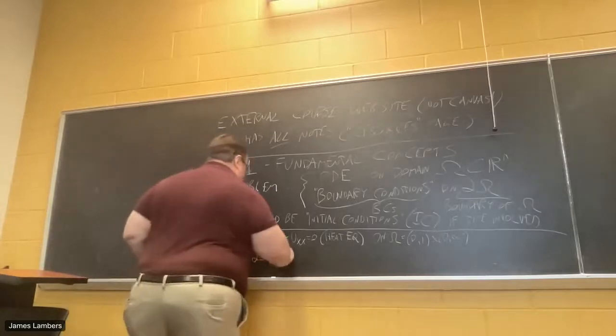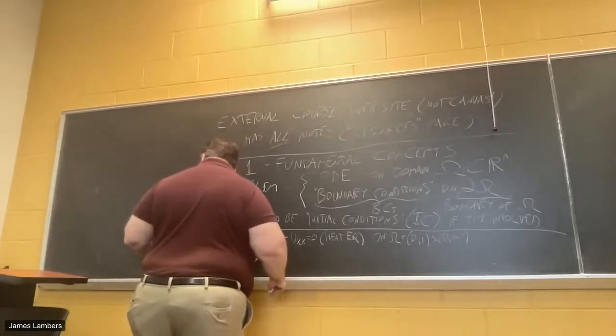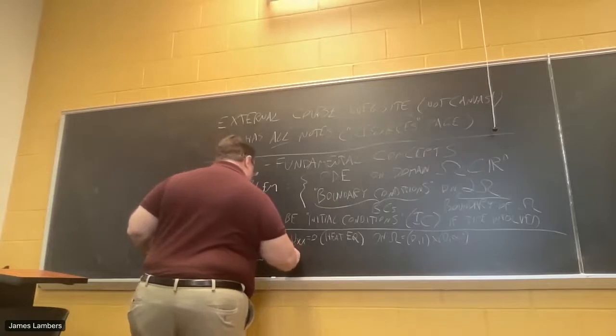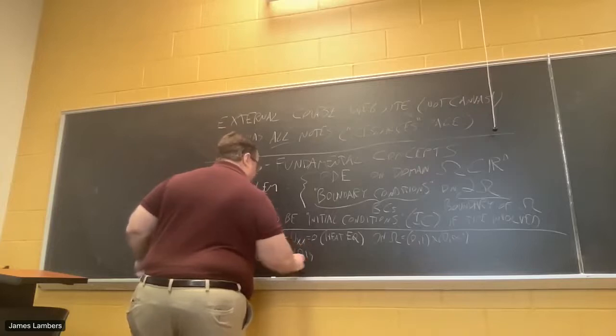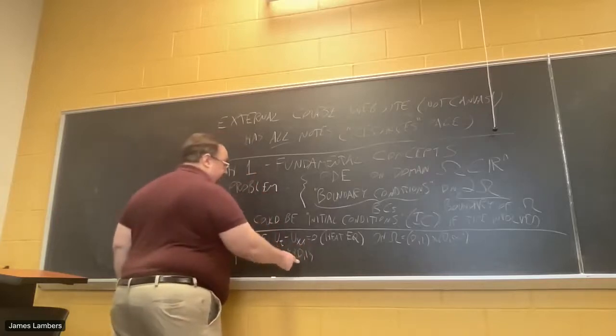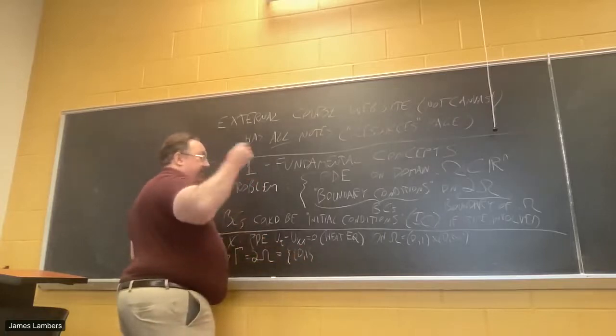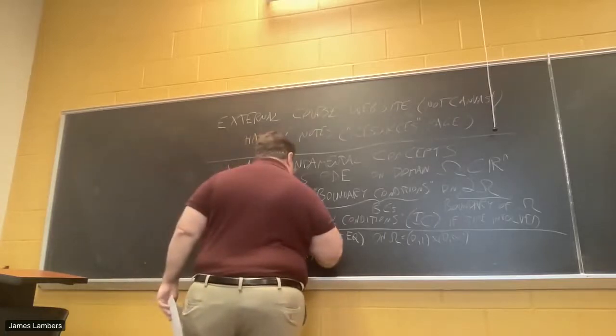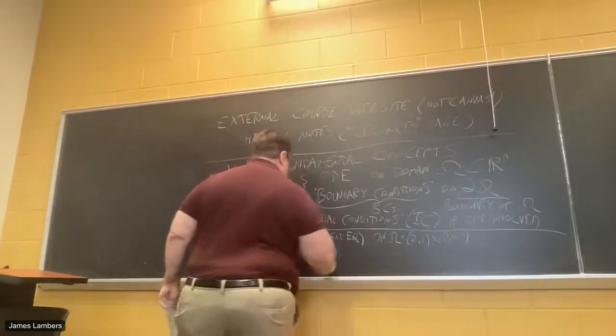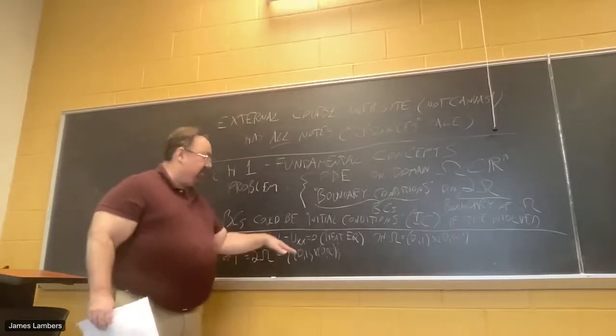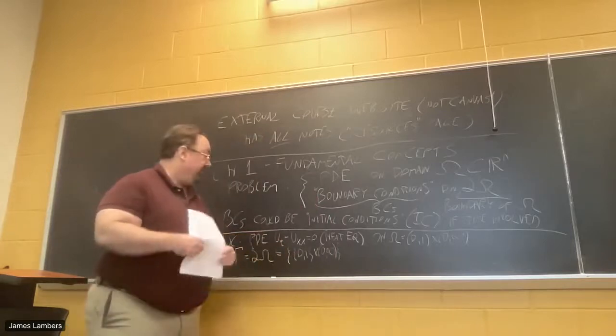In this example, the boundary consists of a couple of sets. First, we have x equals 0 and x equals 1, so just a set consisting of these two x values, but then you must account for time. So we take the Cartesian product of that with the entire time domain. So here are our spatial boundaries.